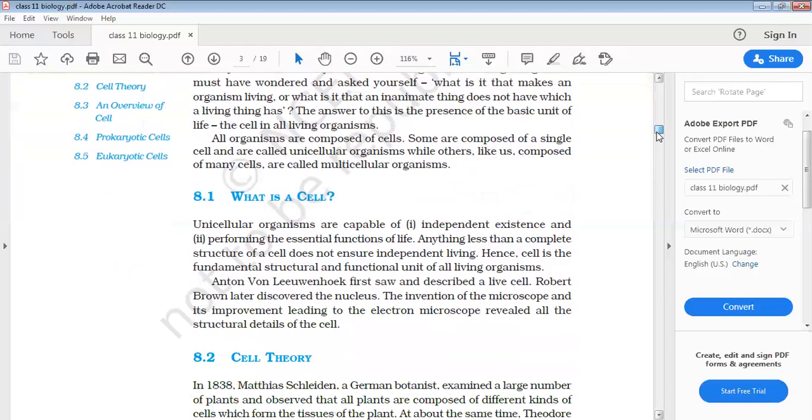And we know that it was Robert Hooke who gave the term cell in his book Micrographia, published in London in 1665. He examined a thin slice of cork under a primitive microscope.